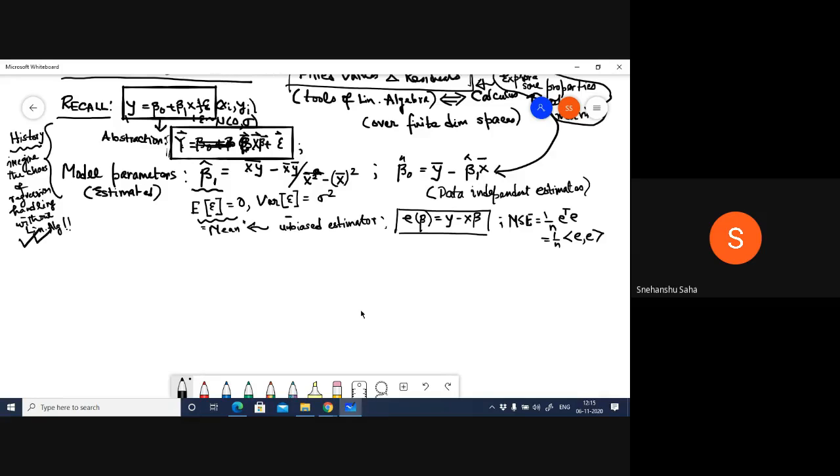We have seen how to compute these mean square errors, and how to minimize this mean square error using calculus tools to arrive at the formulations. I am not going to repeat all that, but we know this expression already, which is nothing but the pseudo inverse times y.